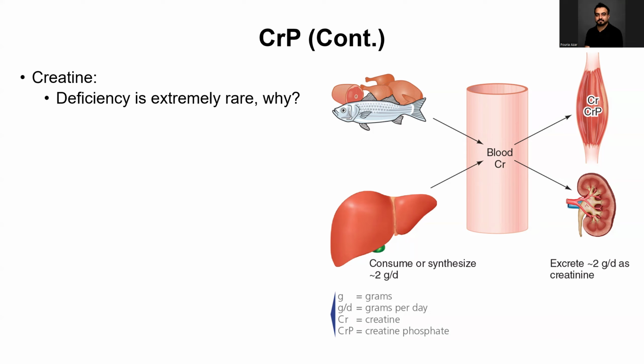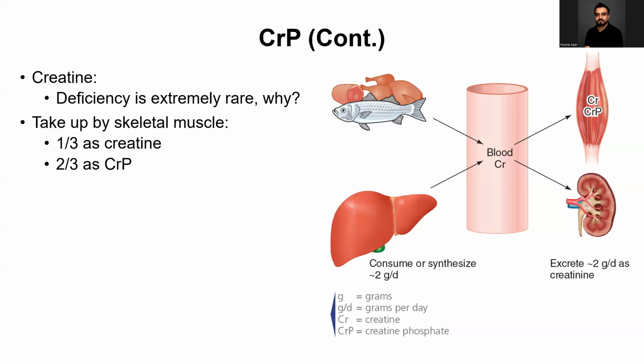If someone has malnutrition or undernutrition, they can get creatine deficiency. But remember, we get creatine from food. We also get it from the liver. The liver also synthesizes creatine by using three amino acids. So that's why the deficiency is rare.